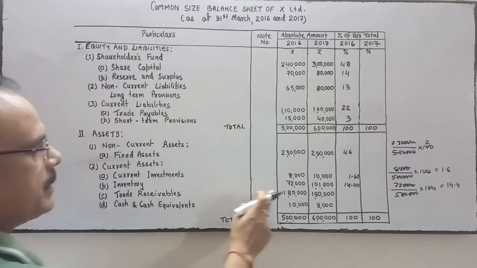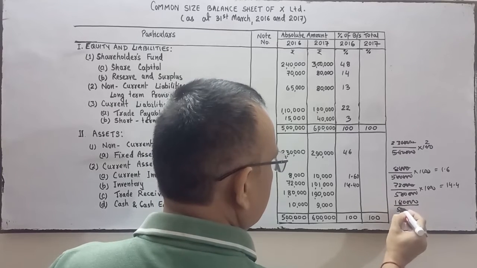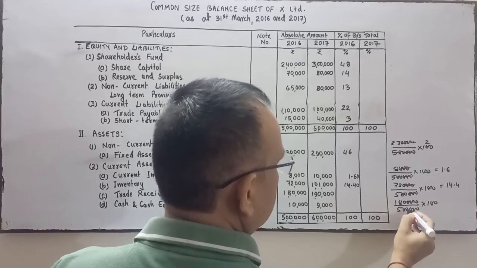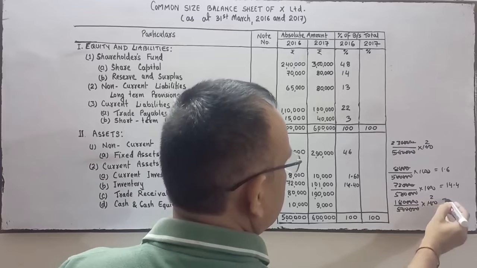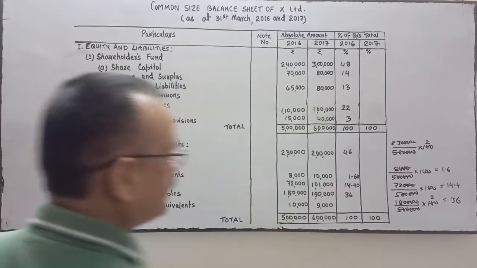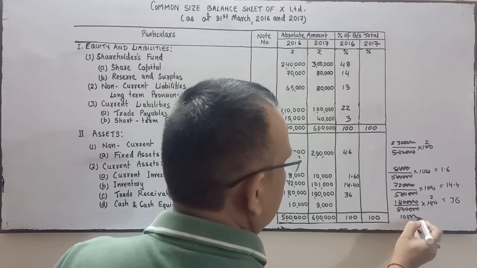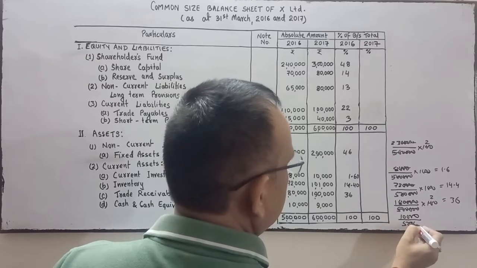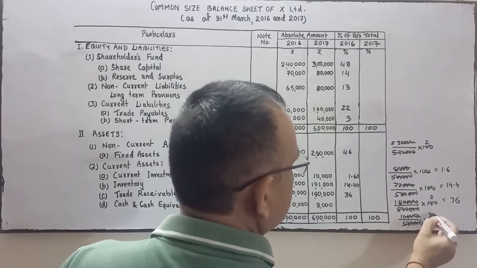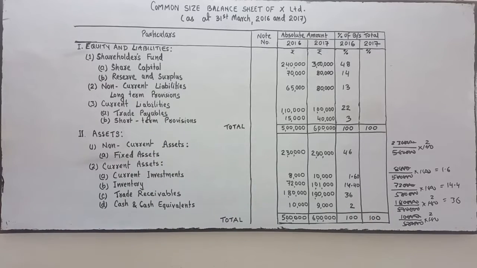Now come to the trade receivable. 1,80,000 is the trade receivable upon total assets, which is 5 lakhs, into 100. So it is 36%. Okay. Now come to the cash and cash equivalent, 10,000 upon 5 lakhs, into 100. So it is 2%.